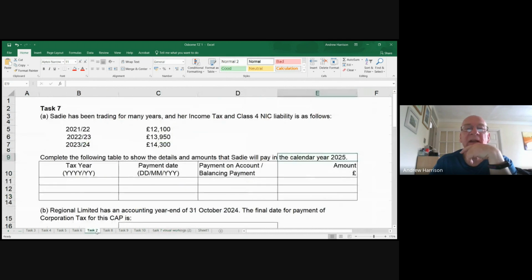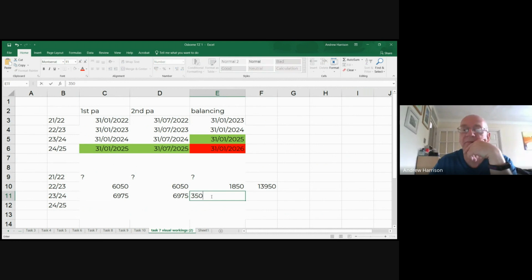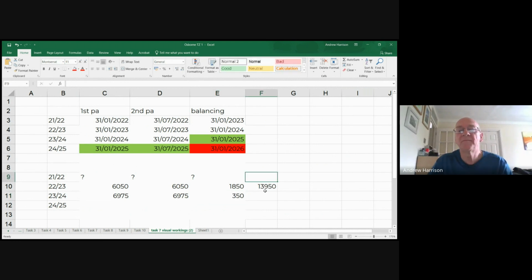It's an extra 350 because we will have paid 13,950 twice, two payment on accounts, but the difference is the 350. That adds back up to that number, and that is one of the ones we want.